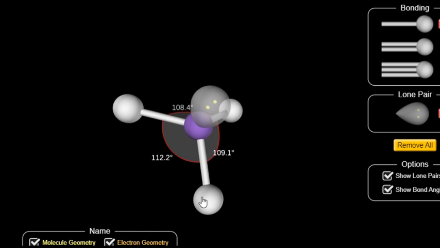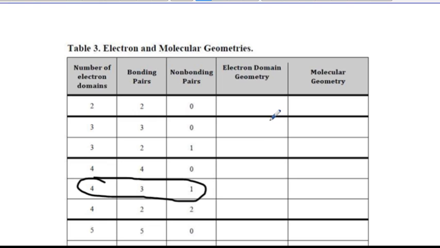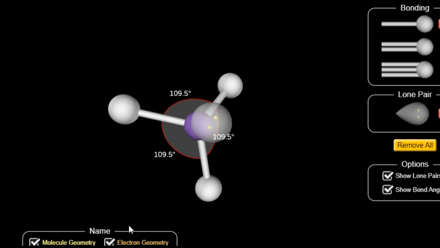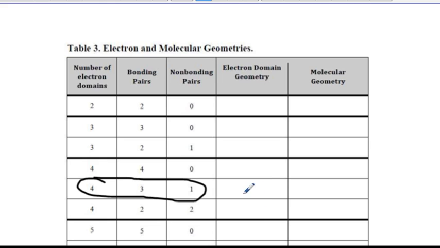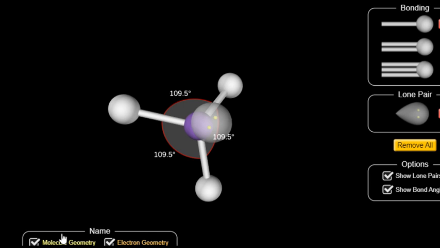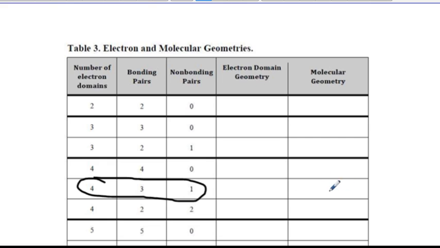What I'm looking for here is what's the electron domain geometry? Electron geometry can be found right here. Make sure it's toggled on: tetrahedral. So you'd type in tetrahedral right here. And looking at the molecular geometry, trigonal pyramidal. That's what you would write over here.